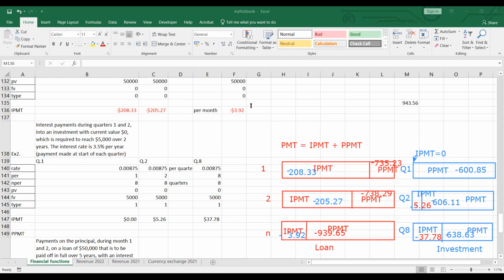You can see that on the first case you get negative 943.56.